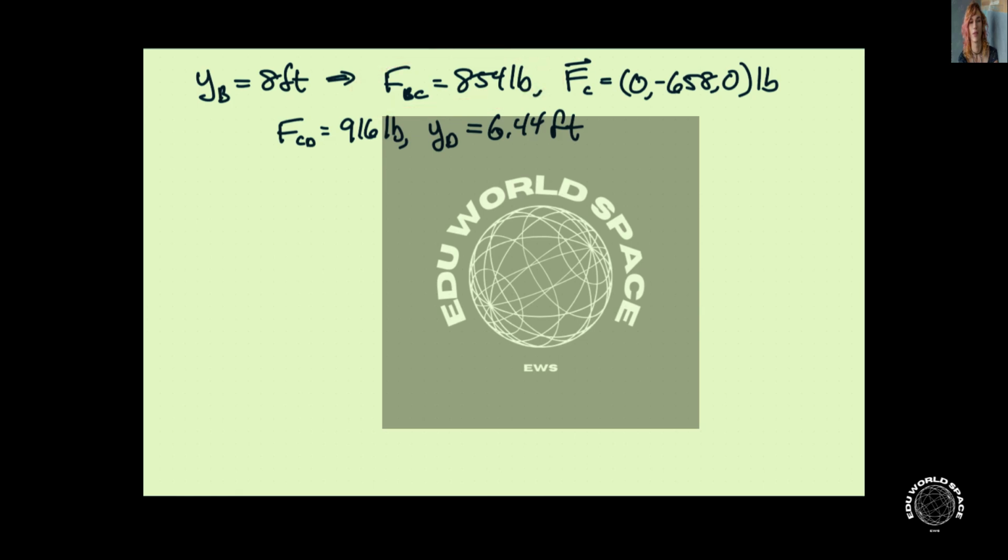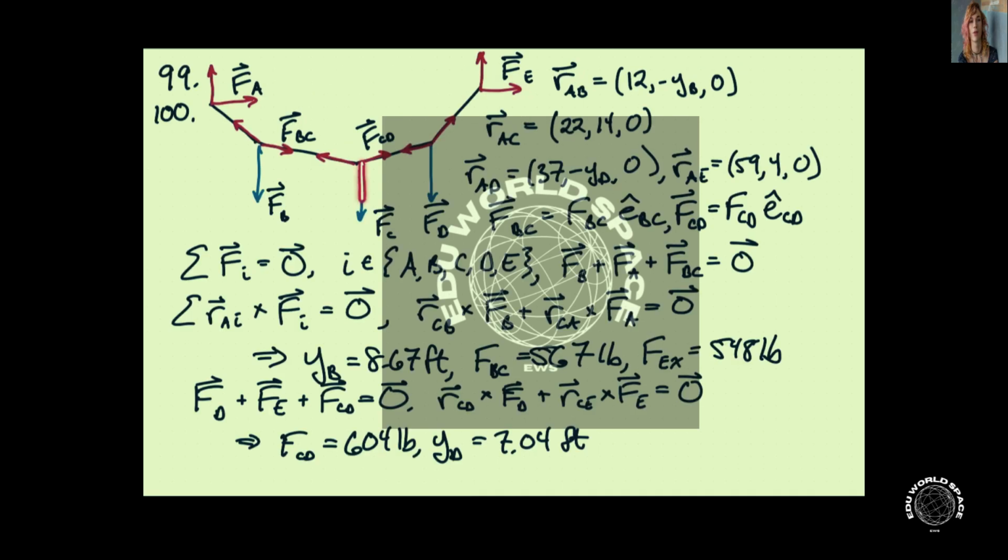Once we do that, we'll get that FBC is 854 pounds. FC, the applied load, is now minus 658 pounds in the vertical direction. So we have a load here, and it is greater than it was in the previous case.